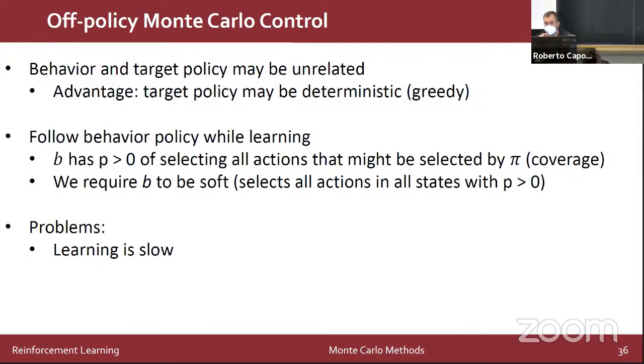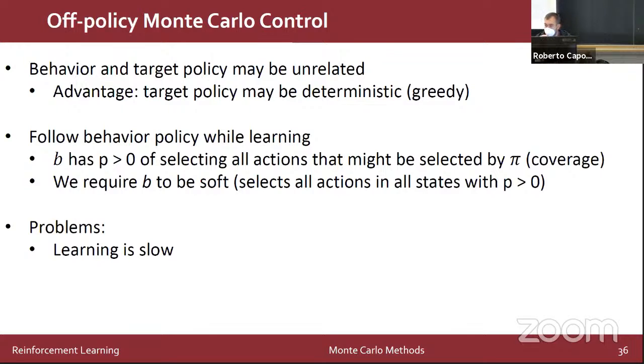Because I don't need to execute them. I'm just using the collection of data from b, the behavior policy, and then I'm updating my target policy by using, for example, importance sampling. So I can have 10 different target policies.